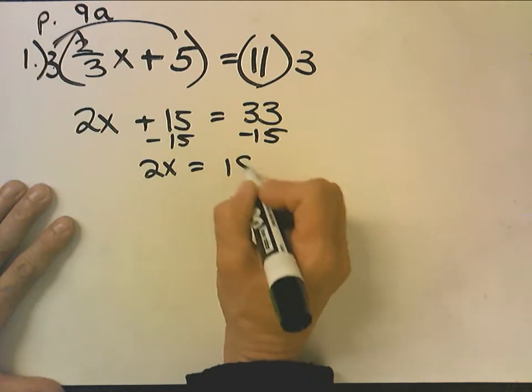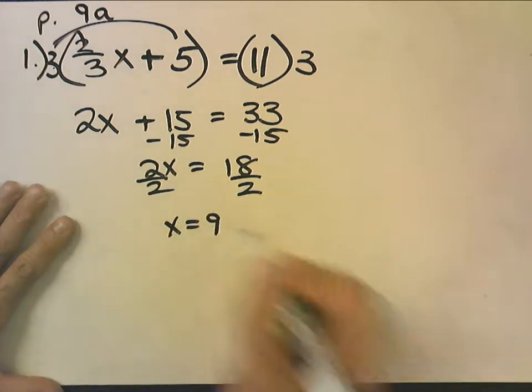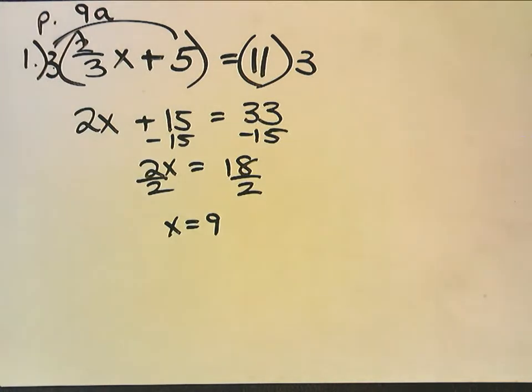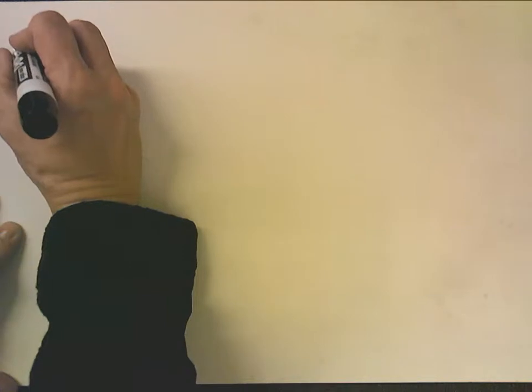So 2x equals 18, divide by 2, divide by 2. X equals 9. That's another way to do it. Okay? But I think in this case, when you just have one fraction, you should isolate the variable and either multiply by the reciprocal or just multiply by the common denominator.